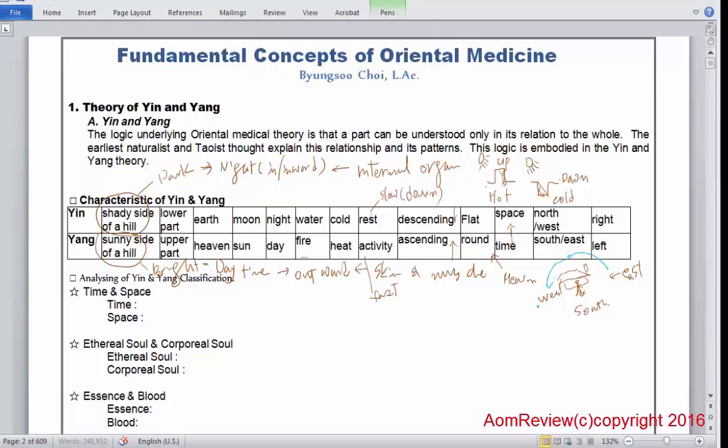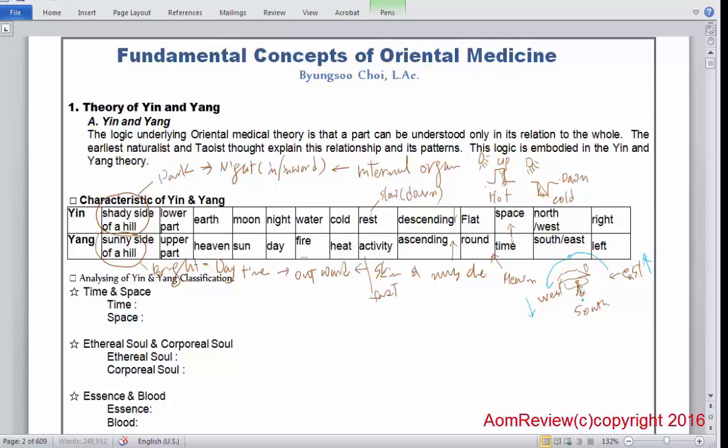So the west side looks like the sun goes down, and the east side looks like the sun goes up. That's why east is like ascending in direction and west is descending in direction. So west is the Yin type of part, and east is the Yang type of part.